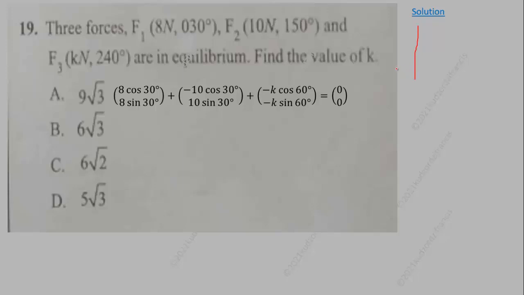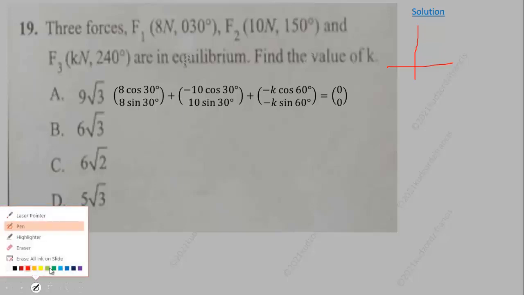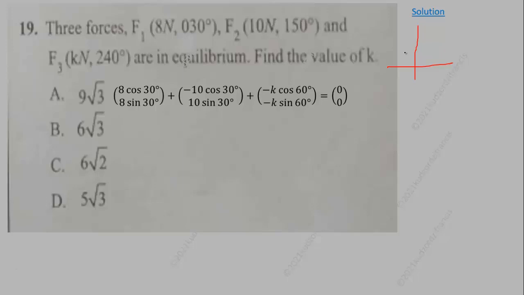Let me do a rough sketch here. F1 will be in the first quadrant. Then F2 will be in the second quadrant because it's 150. Then F3 will be in the third quadrant because it's 240.